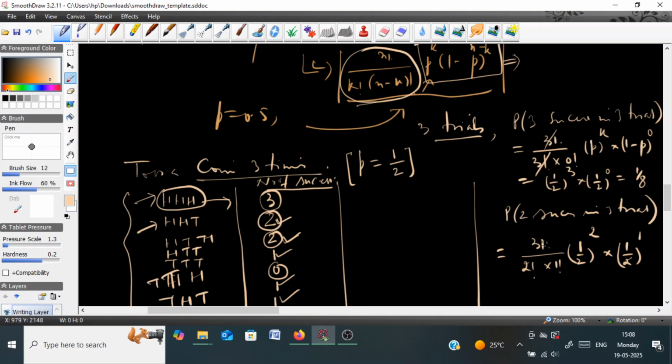So this 3 factorial becomes 3 into 2 factorial, and this gets cancelled, you get 3 into 1 by 8.